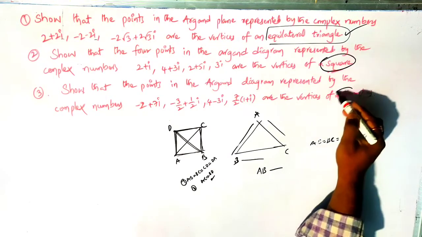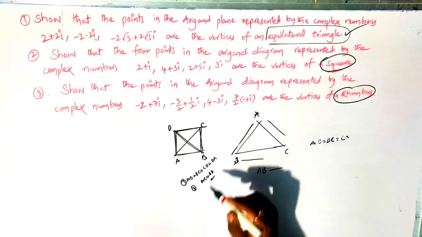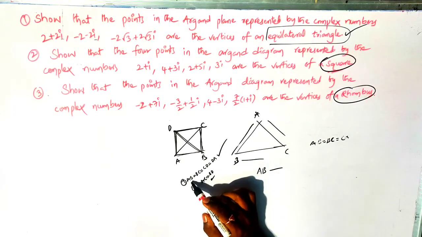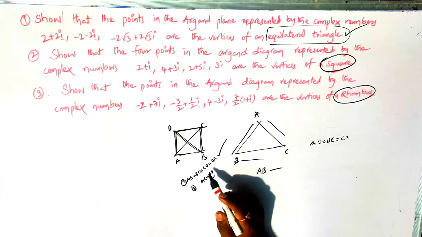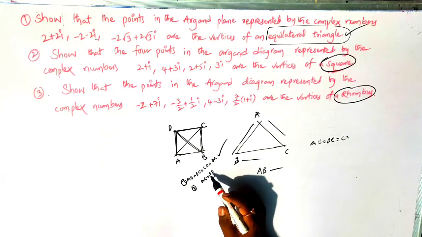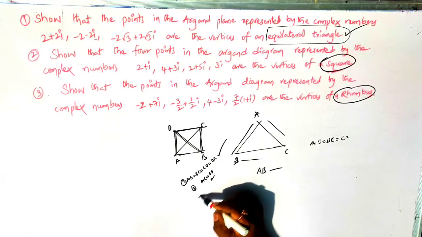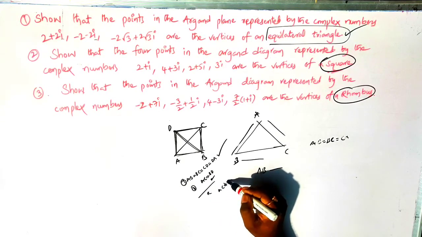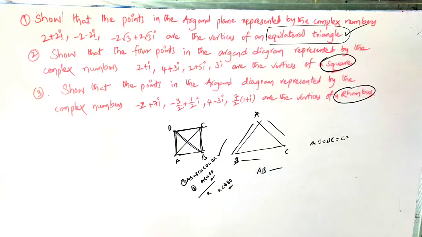Then the third one is rhombus. What is a rhombus? The first condition is the same as for a square: all sides are equal, but the diagonals are not equal. For a rhombus, only the diagonals are not equal. So these 3 problems are important.